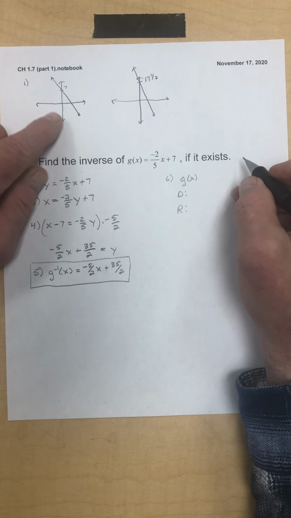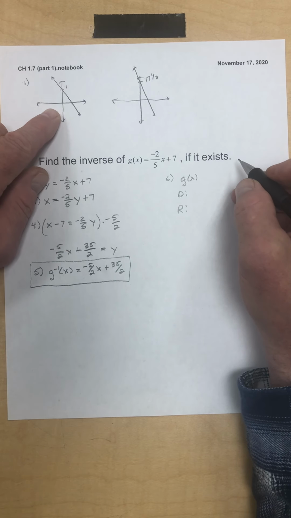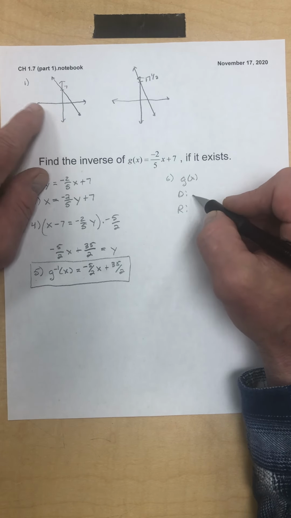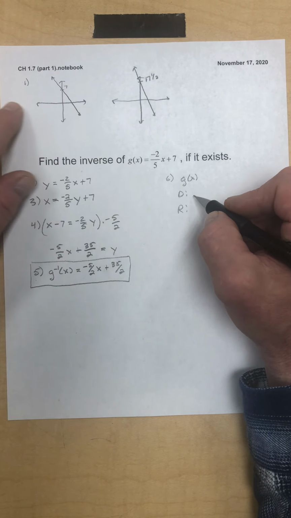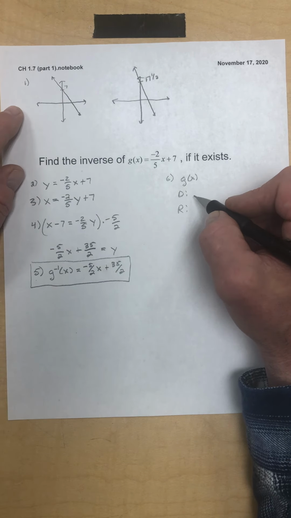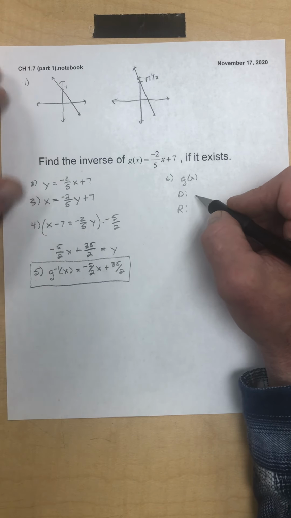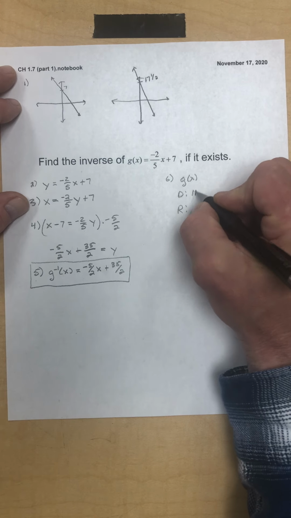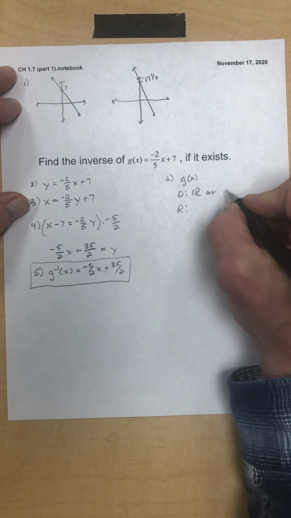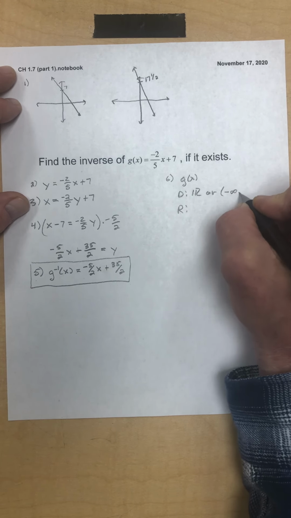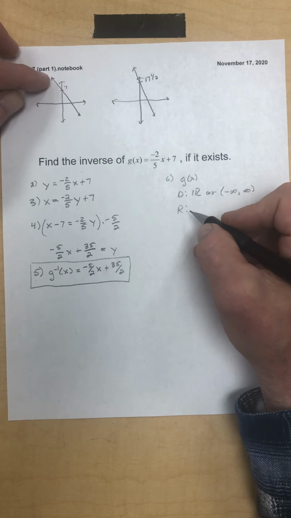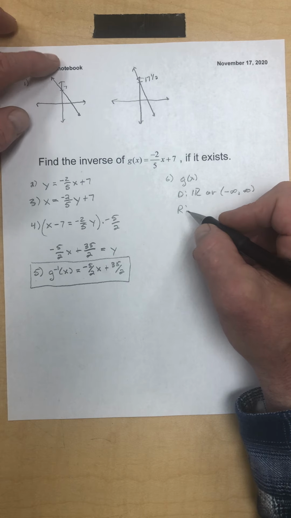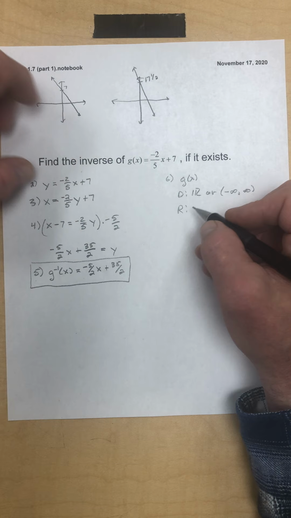Well, if we go back to the graph and I take a look at what x values are included in the domain, notice that every single x value along the x-axis will be included in the domain. So we could say the domain is the set of all real numbers, or if you wanted to write it as negative infinity to positive infinity, that works. And then we look at the range. Well, again, every single y value is included in the range because this guy just keeps going up and keeps going down.